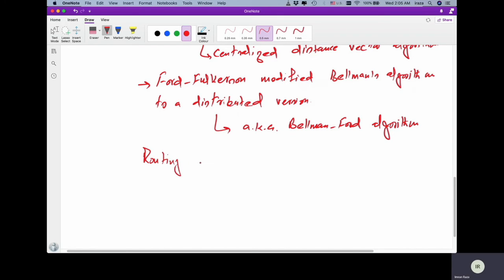So let's quickly talk about the Routing Information Protocol, RIP. You should have implemented RIP in your lab. RIP is basically an implementation of the distance vector algorithm.